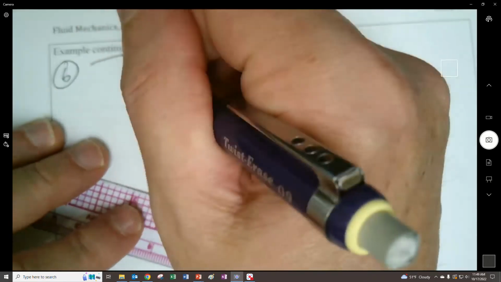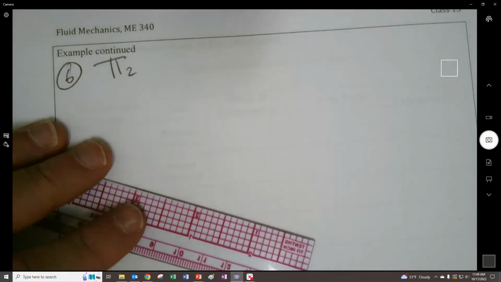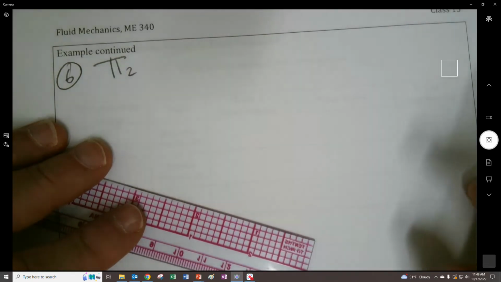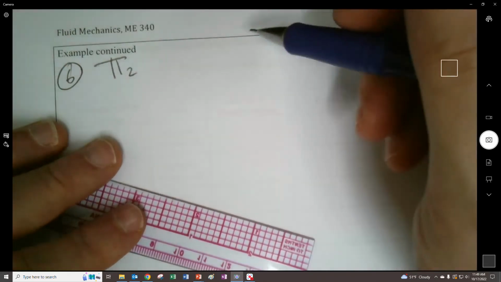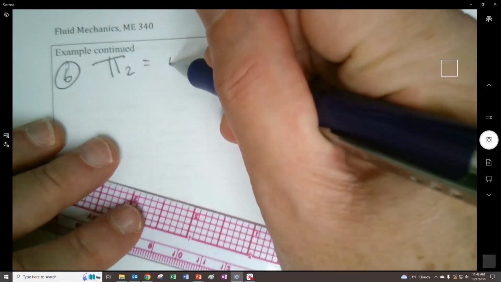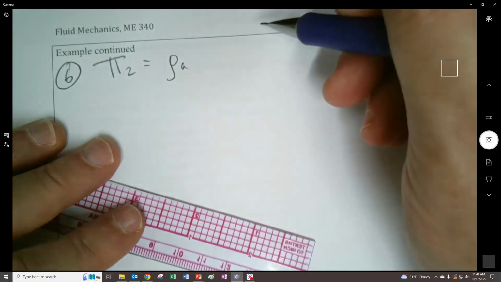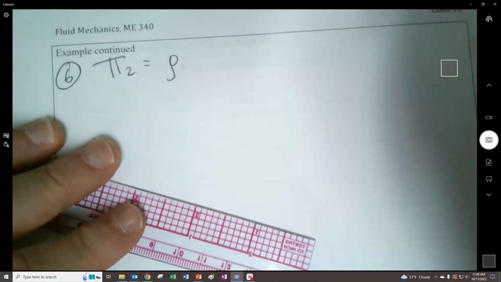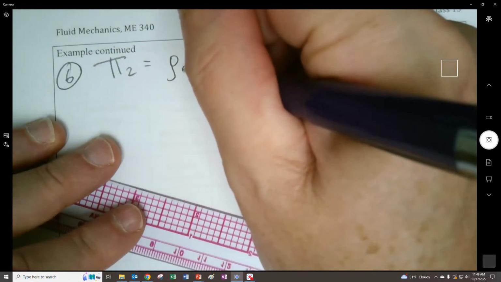So let's do the second one, and maybe because we are on a video, we could just go ahead and make it a longer video and do all of them. Anyway, we're going to say that's going to be equal to the density of the gas, because the non-repeating was the gas. Repeating was the air.